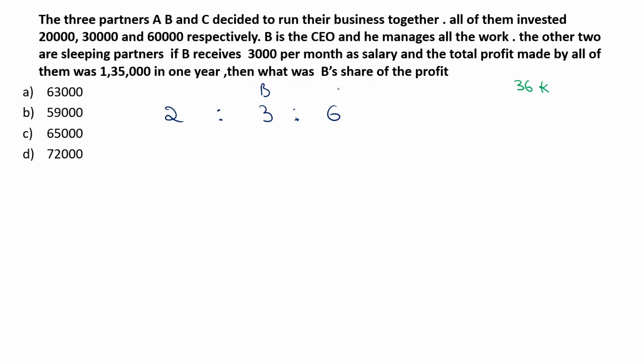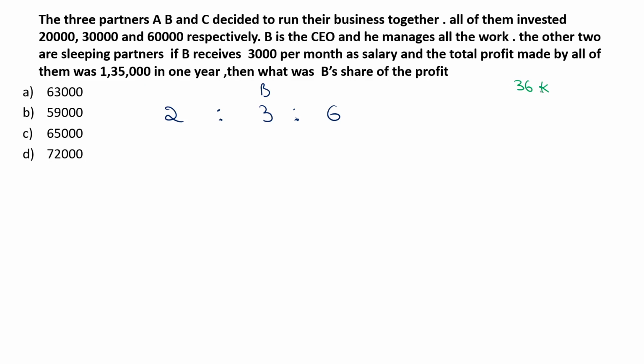The total profit in a year is 1,35,000, and we need to find B's share. Out of the total profit of 1,35,000, 36,000 should be given to B as a salary, and the rest of the amount should be distributed among A, B, C according to their ratios.